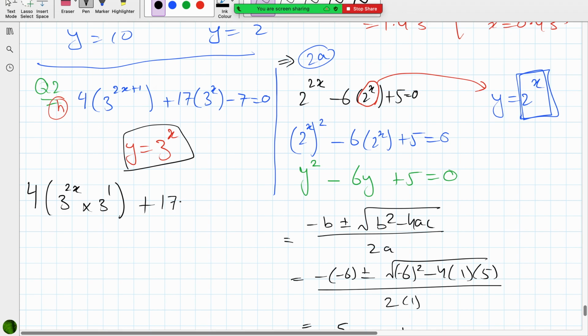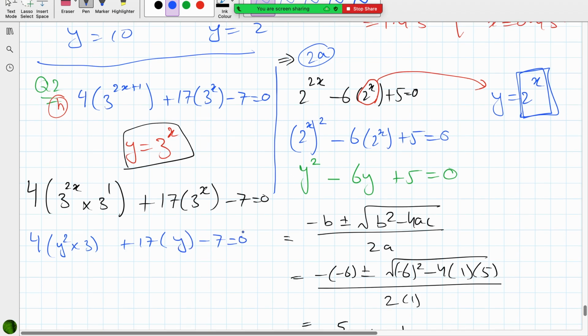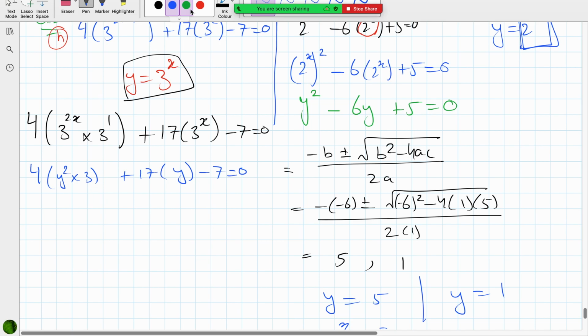Plus 17, 3 raised to power x is already simplified. 4, now this is 3x square. So may I write y square into 3 plus 17y minus 7 is equals to 0. 4 3 times 12 y square plus 17y minus 7 is equals to 0.